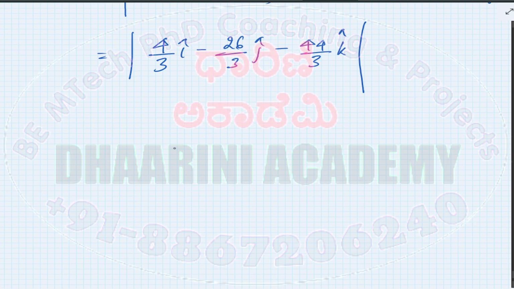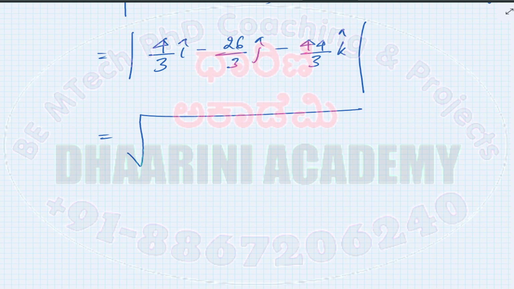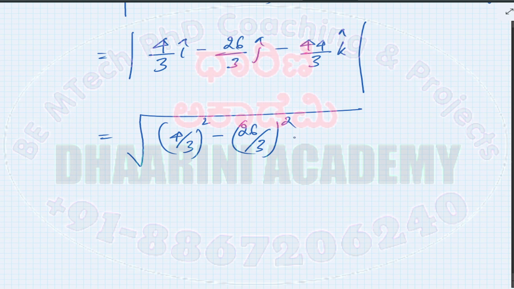Okay, in the next step, this is equal to, I need the magnitude, so this is nothing but square root of 4 by 3 square plus 26 by 3 square, sorry, not minus, plus 44 by 3 square under root. I can see that the 1 by 3 square is there.